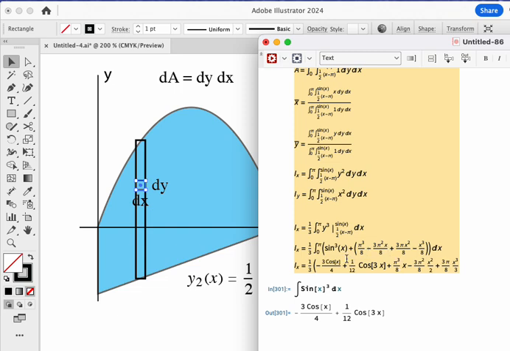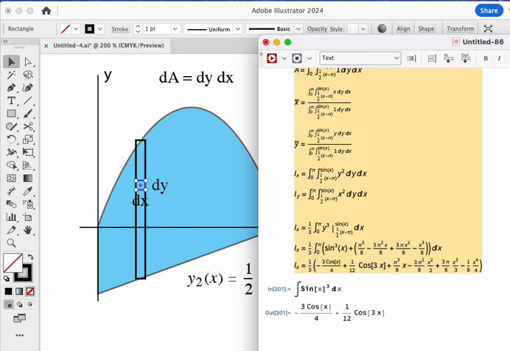So I integrated this and I got that. I integrated this, I get that. Integrated this, I get that. I just integrated that and I get this. And then we're going to get minus x raised to the 4th. Oh, I do my 1/8 first: 1 divided by 8 times x to the 4th divided by 4, like that.